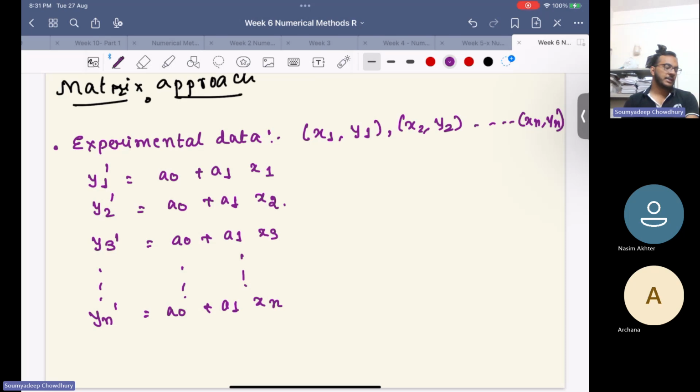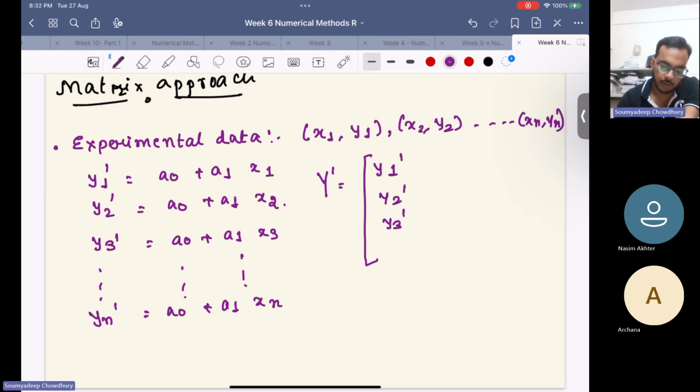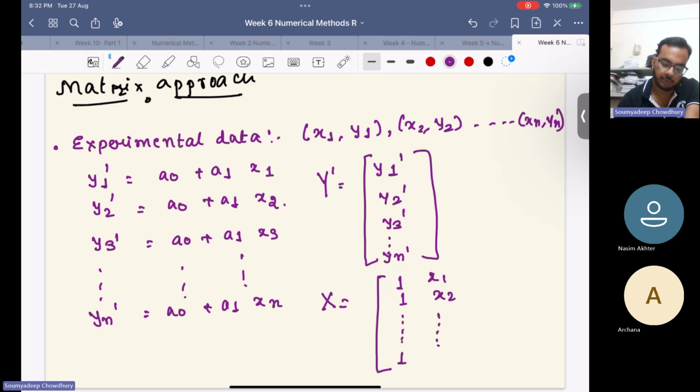So if we try to represent this in matrix form, how will we do that? So it is basically the Y matrix. If we represent it like this, Y dash: Y1 dash, Y2 dash, Y3 dash, like this till Yn dash. And X, if we represent it in this form: 1, 1, dot dot dot, 1 till n rows, and in the next column we have x1, x2 till xn.